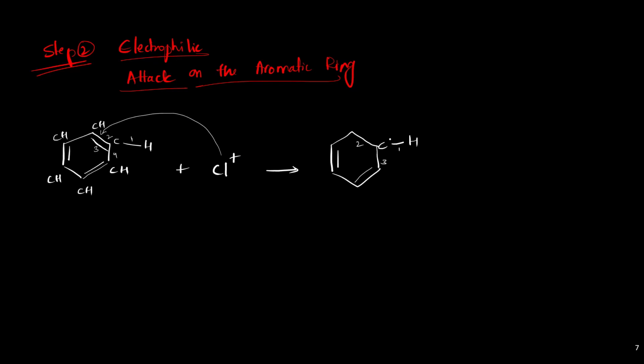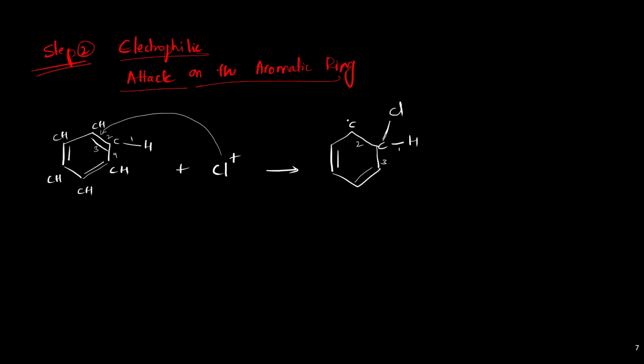So now there is space for this chlorine to go and bind, because now the carbon is attached to only 3 groups or 3 bonds. So this will be going and binding to this carbon. Okay. So this stage, we call it an intermediate stage, or you can also call this the Arenium ion. Remember this. Okay. Because here, whatever bond was broken here, this carbon only has 1, 2, 3.